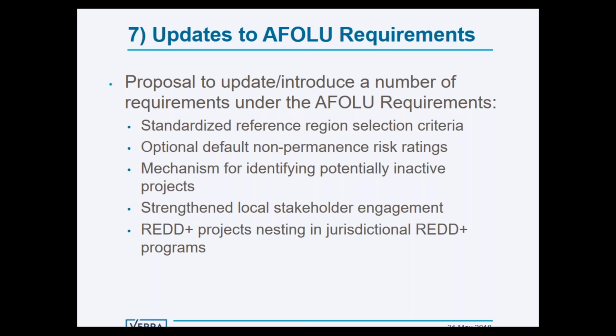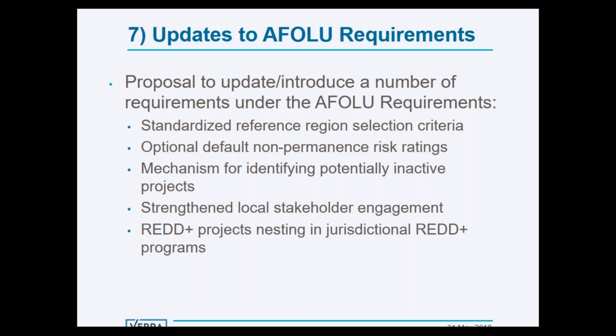The second consideration is putting forward optional default non-permanence risk ratings. So again, current rules are projects go through an individual assessment of non-permanence risk using the VCS non-permanence risk tool. And at the end of that process, the projects are assigned a risk rating.